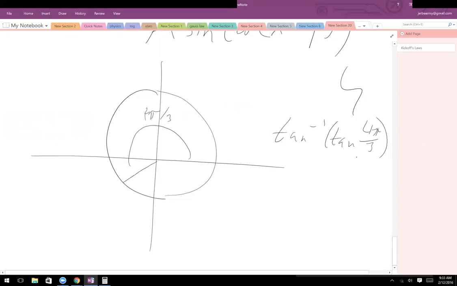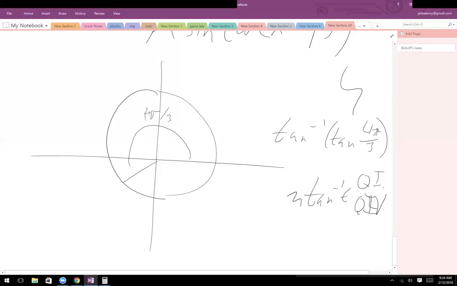Inverse is not the same as 1 over. 1 over tangent is cotangent. Inverse tangent means what angle has that number for the slope, right? So what this says is, find the slope at 4 pi over 3. Inverse tangent is always either in quadrant 1 or quadrant 4.